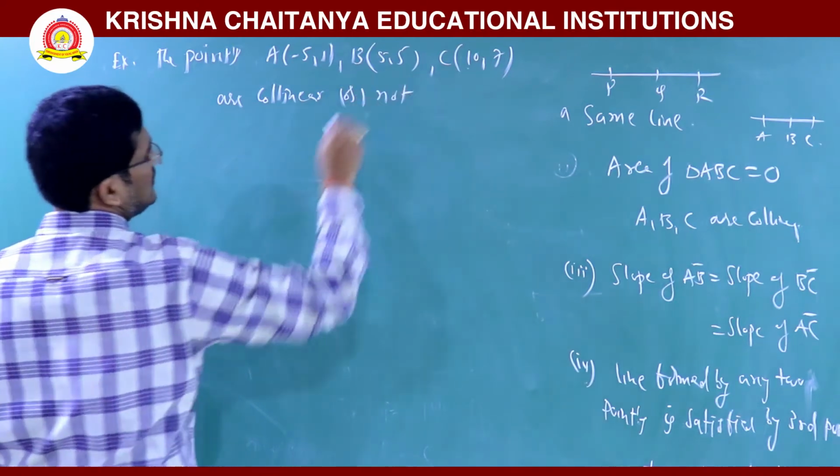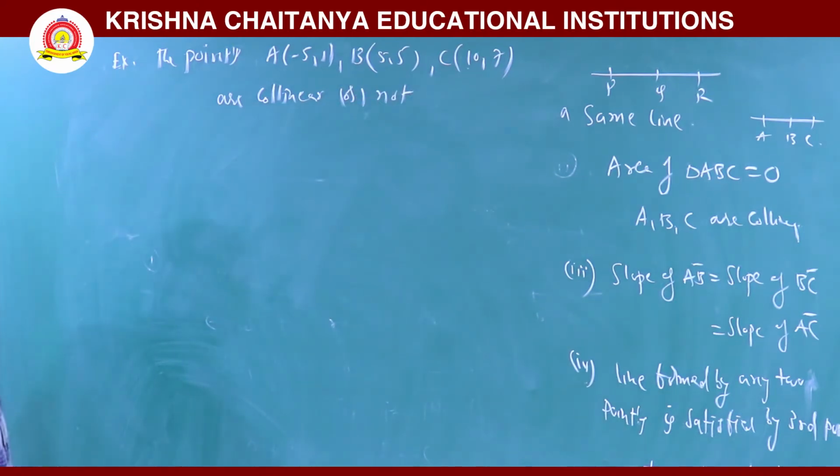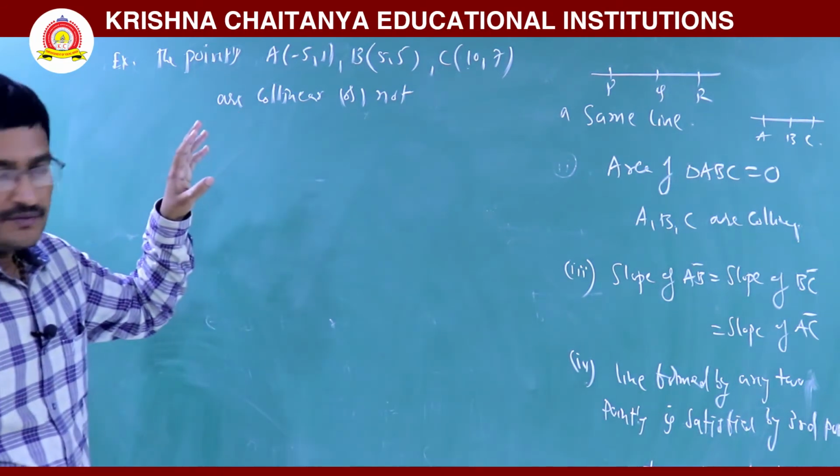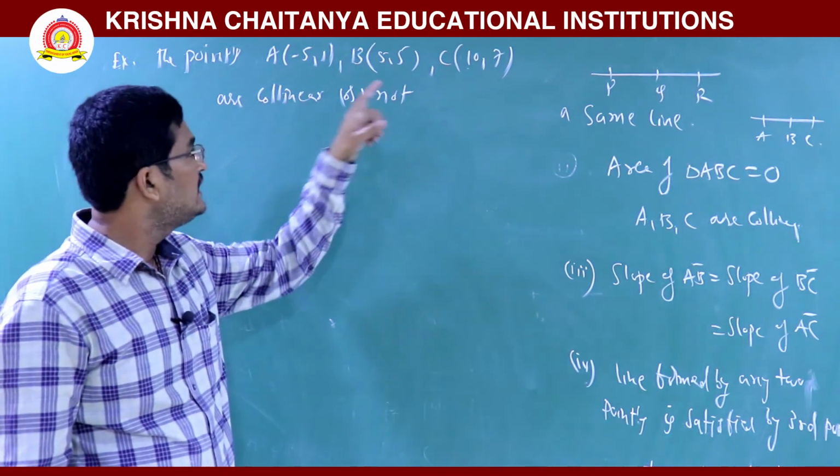This is the problem here. So first you have to find whether these three are collinear or not. What is the method to find the collinearity of ABC?